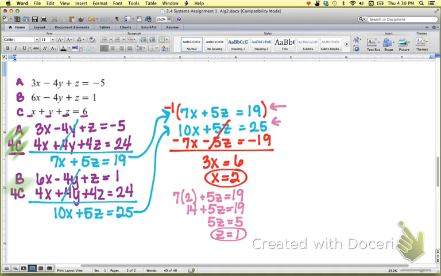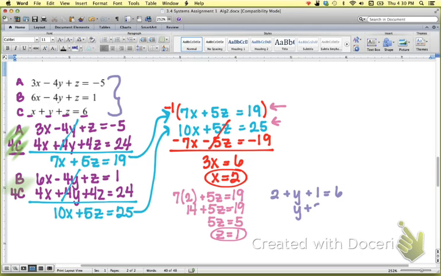We're going to take 2 for x, 1 for z, and we're going to come back and put it into one of these. It does not matter which. I'm going to put it in the last one because the variables are nice and simple there. So I have x, which is 2, plus y, which we don't know, plus 1, which is z, and that equals 6.